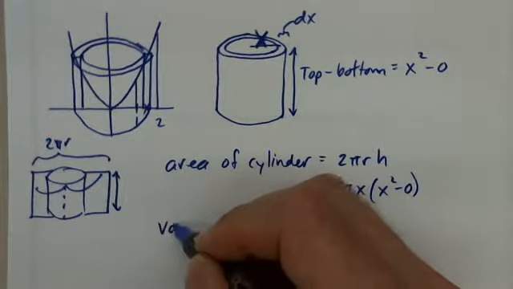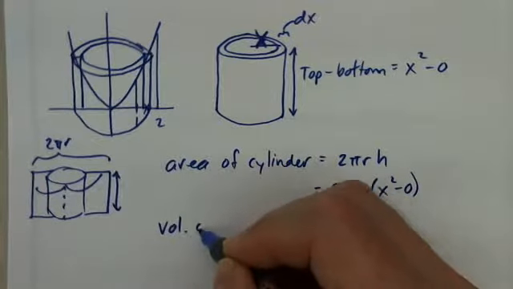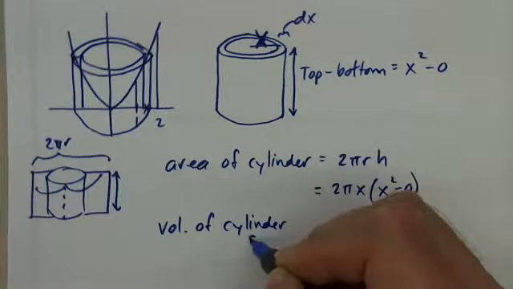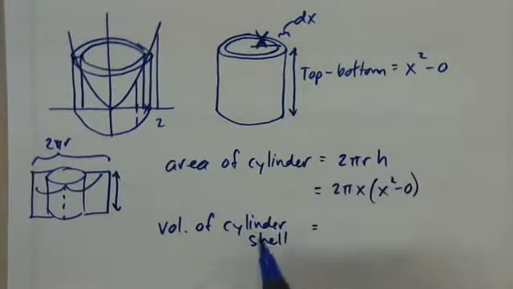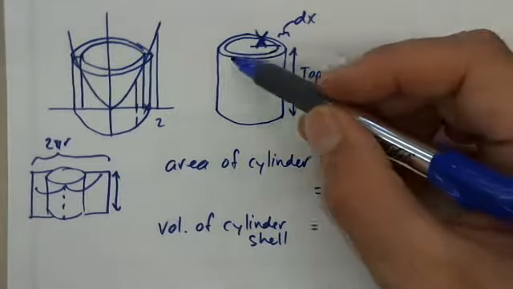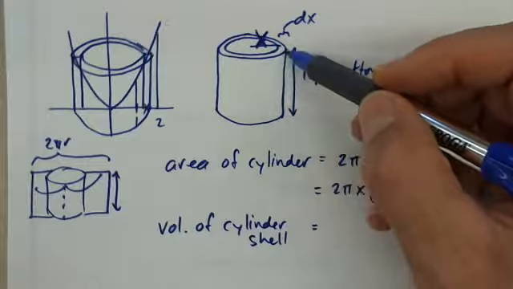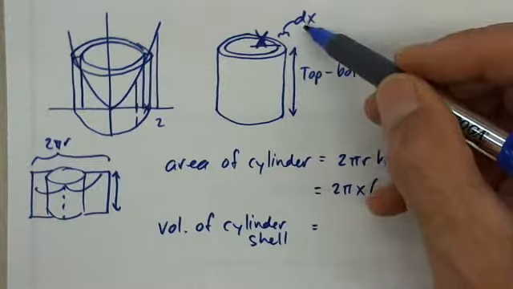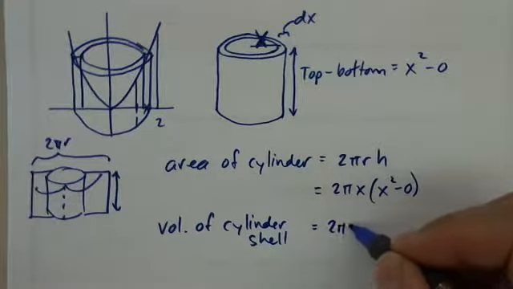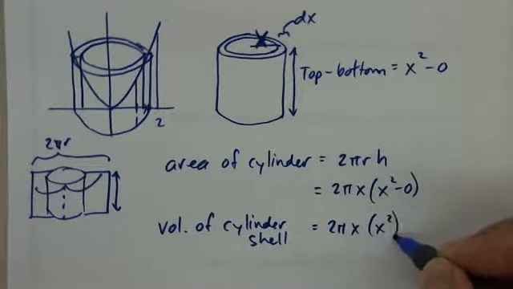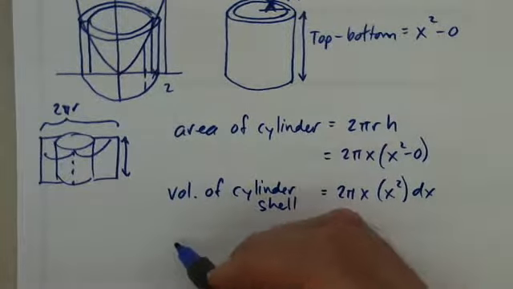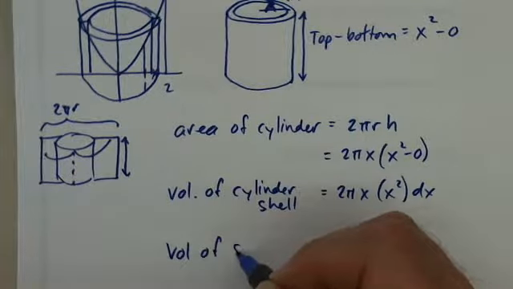Let's do volume. We're not doing the volume of the cylinder, we're going to do the volume of this shell. So this is a shell, and if we take the area of the cylinder multiplied by the thickness, then we're going to get the volume of the shell. Now we're going to do volume of the solid.